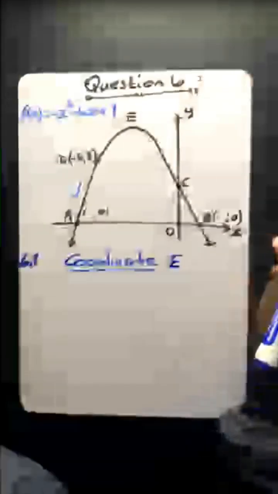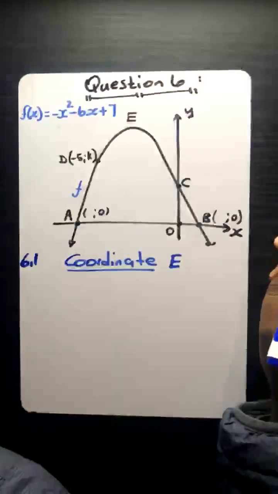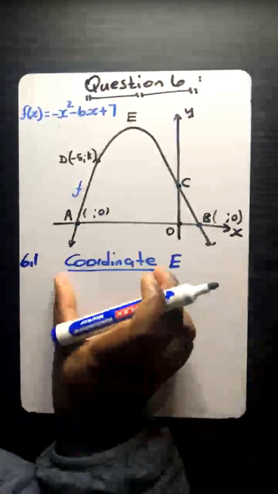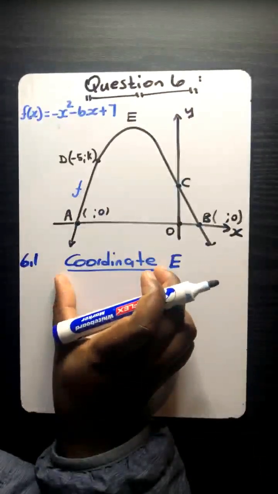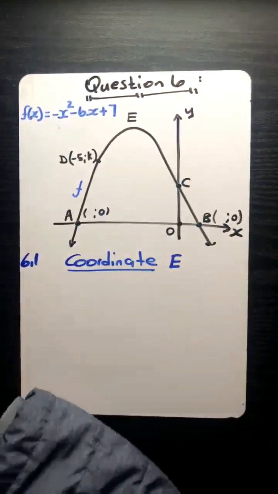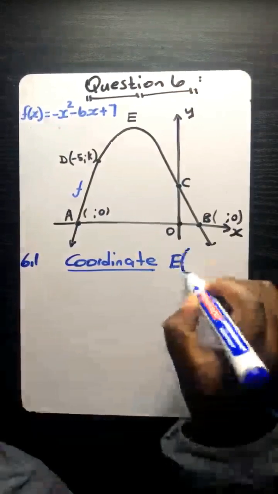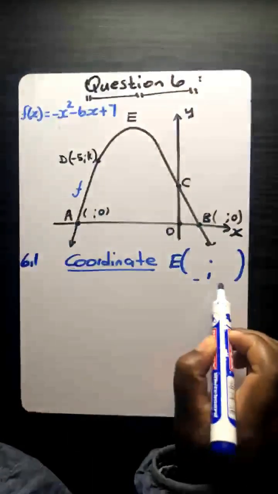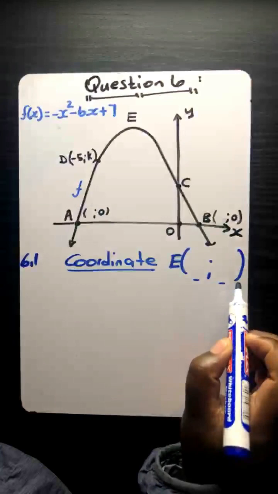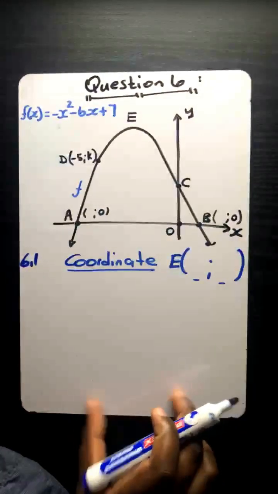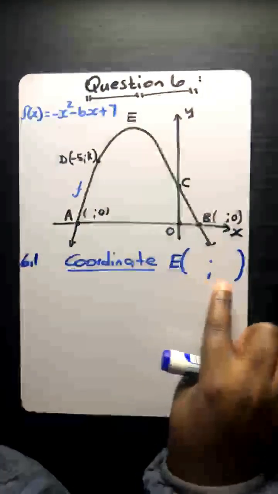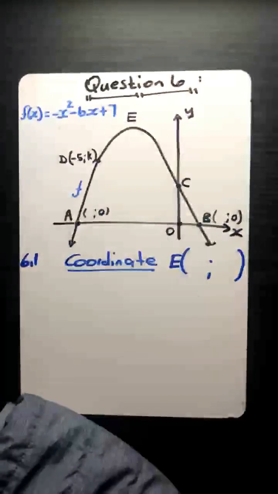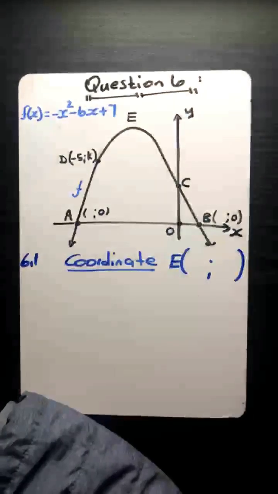The question now is, how do we represent the coordinates? You know coordinates are written in this format. That means you need to calculate the x value and the y value and finally present them as your final answer in that format. That's how you approach a question if you want to know exactly what the examiner is looking for.